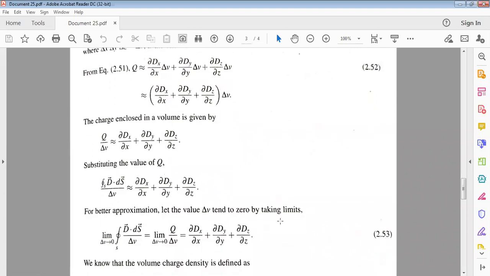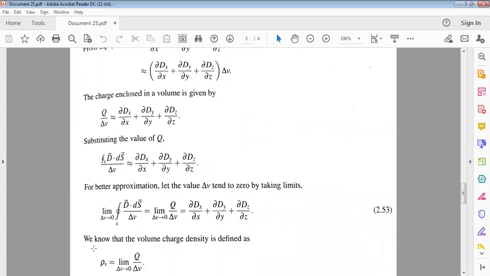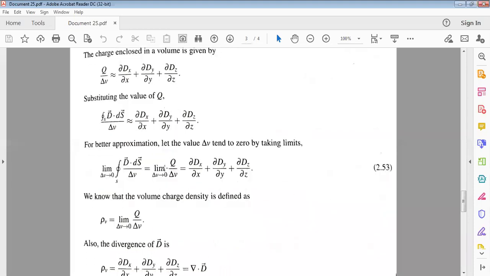For better approximation, let the value delta v tend to 0 by taking the limits. So limit delta v tends to 0 of the closed integral of D dot dS by delta v equals limit delta v tends to 0 of Q by delta v, when the volume actually shrinks.